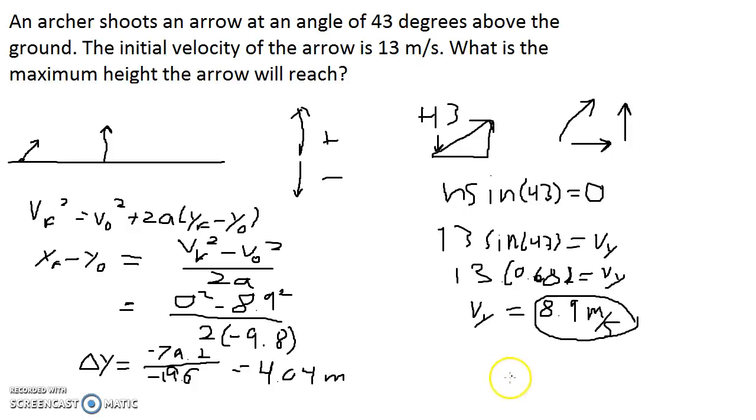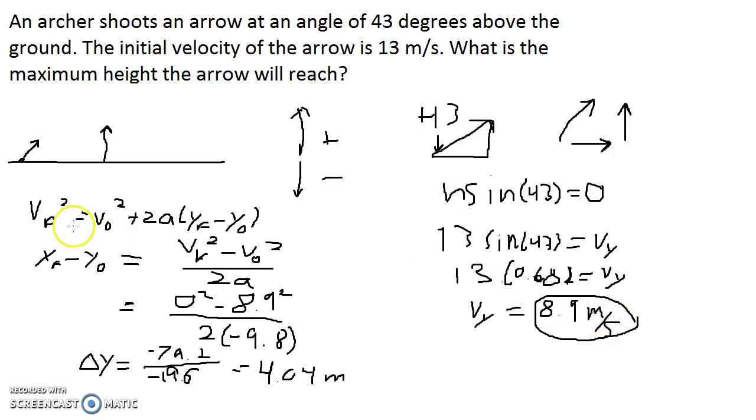So, to recap, first we looked at the problem we had. We decided that we could use kinematics to solve it, but we would need to change it up a little bit. We split it up into x and y components so that we were able to use the kinematics that we knew, at which point we found the y velocity.